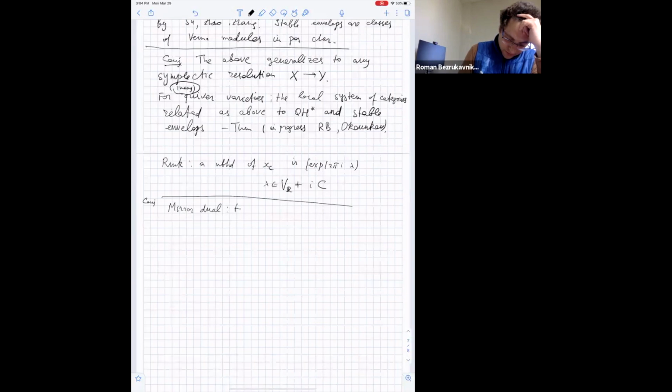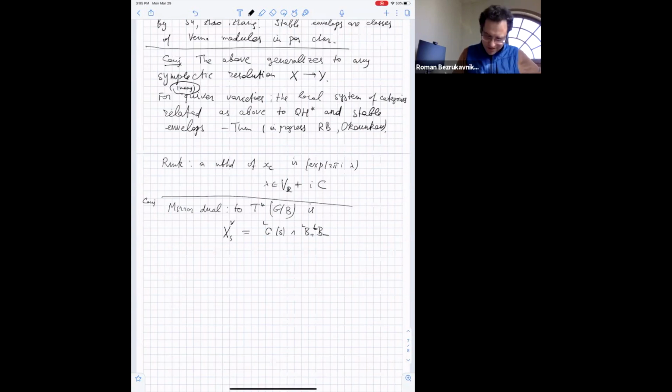So it's T*G/B, at least in the sense X_S, which is the set of S intersected with B_L^+ B_L^-, where S is a regular semisimple conjugacy class.